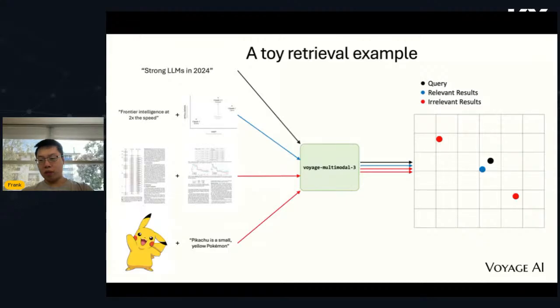So I'm going to come back to this slide. I know I skipped over it a little bit earlier, but here is a very quick toy retrieval example, just to show that we can give Voyage Multimodal 3 pure text as a query. In this case, the query is strong LLMs in 2024. We can give it interleaved text and images. In the second row on the left, we're giving it text plus a graph.